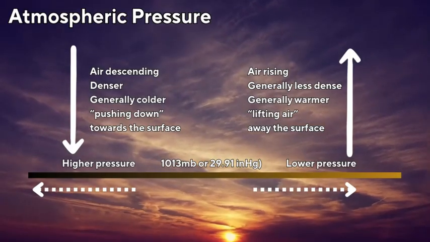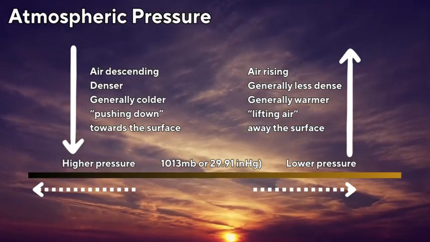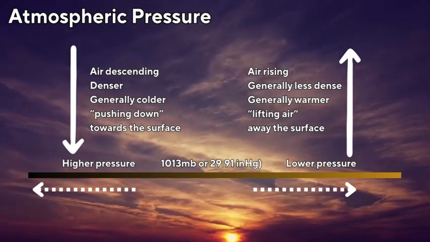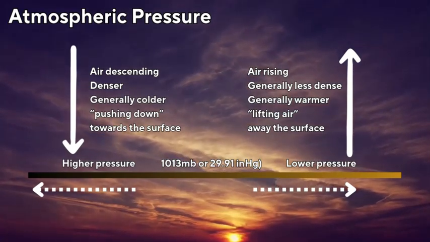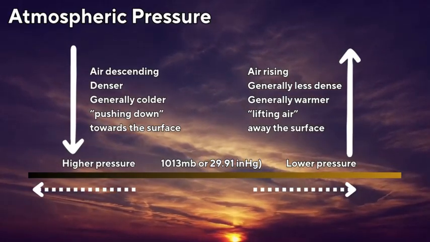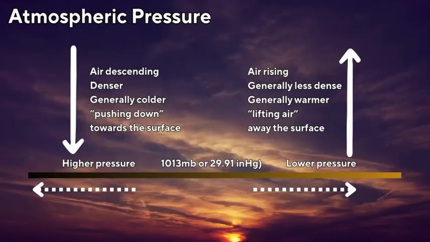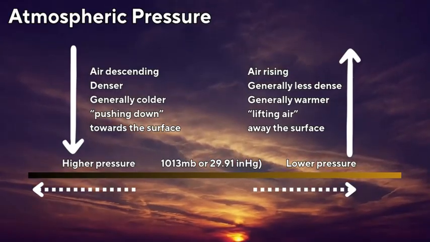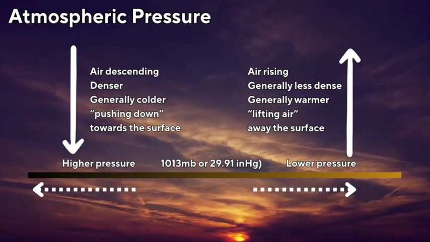Now, when we look into the addition of temperature or thermal energy into the system, which is concurrently working with gravity, you get the change in atmospheric pressure beyond just gravity and the force of exertion on the air molecules on the surface.